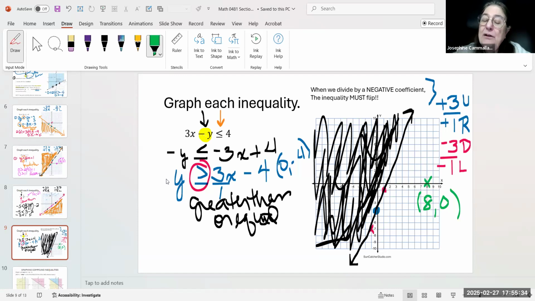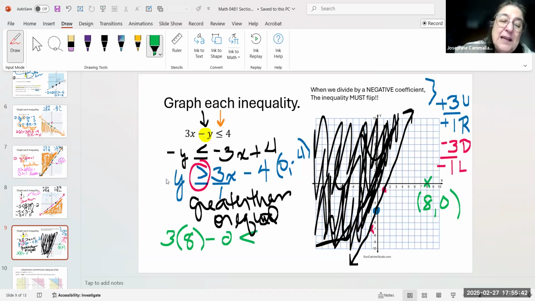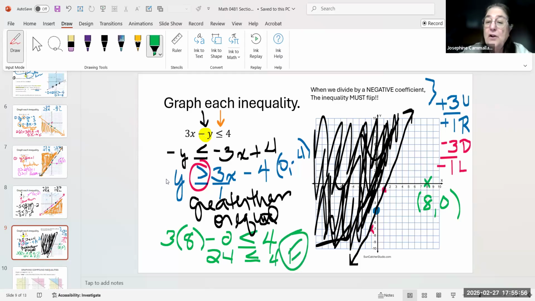It's got to be false. Well, this is saying 3 times 8 minus 0 is less than or equal to 4. 24 is less than or equal to 4. That's false. That means I shaded in the correct area.